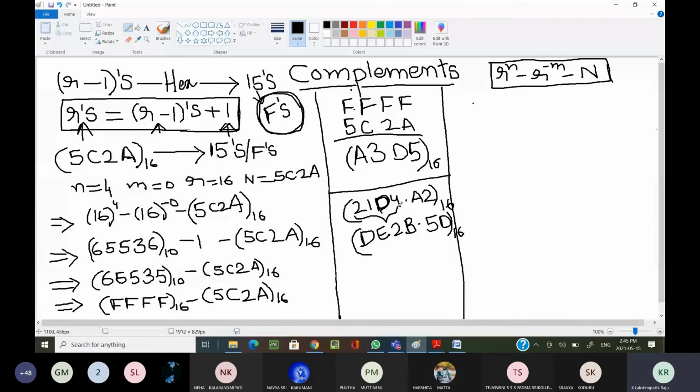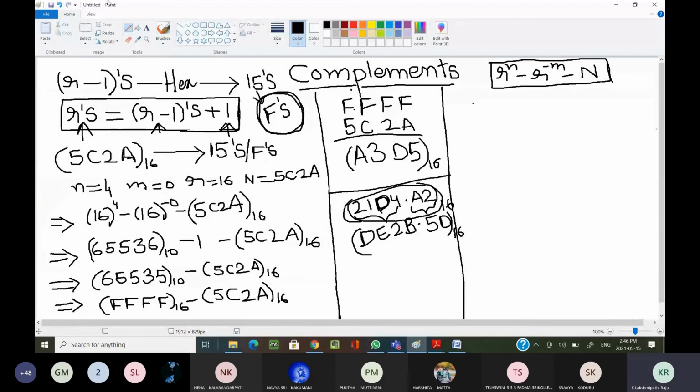What we did previously, here also we are doing the same thing. How many digits are there in the given number? That many number of F's we are considering, and we are subtracting this number from that many F's.